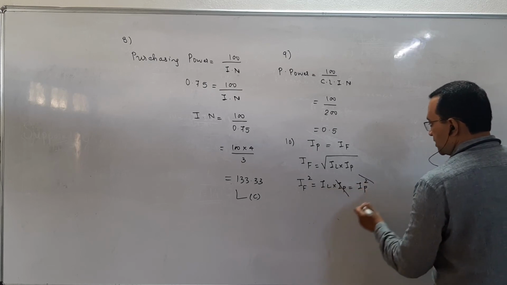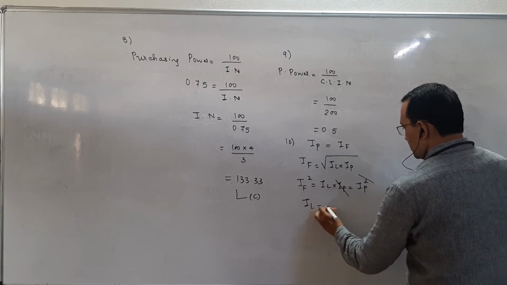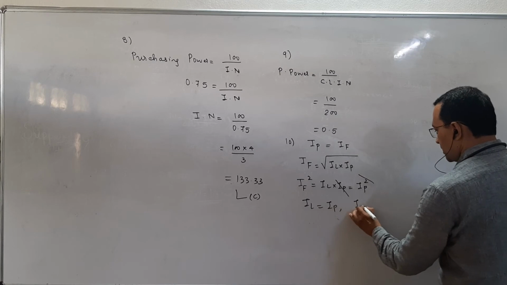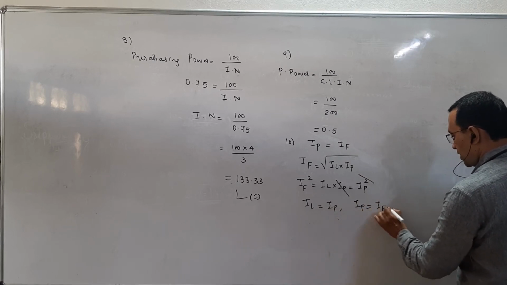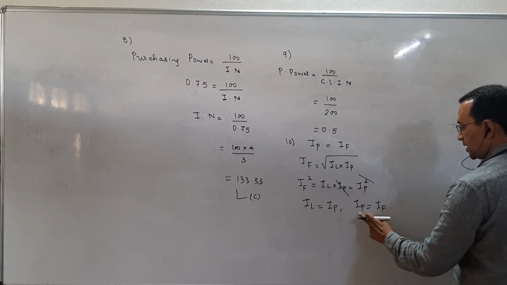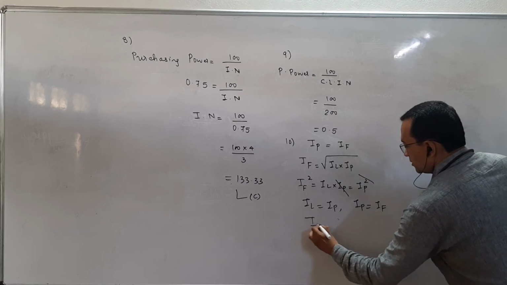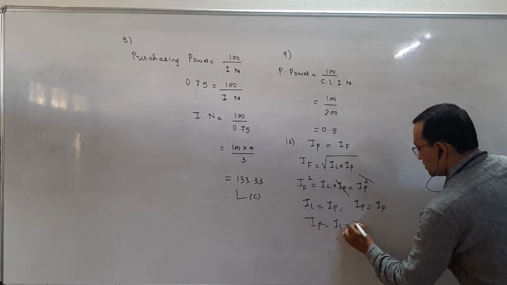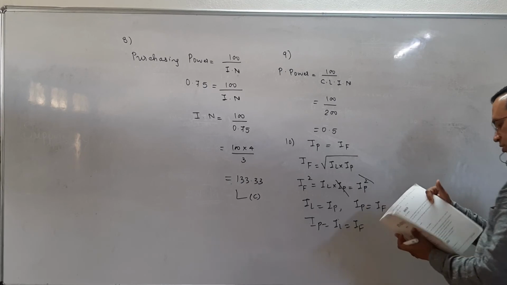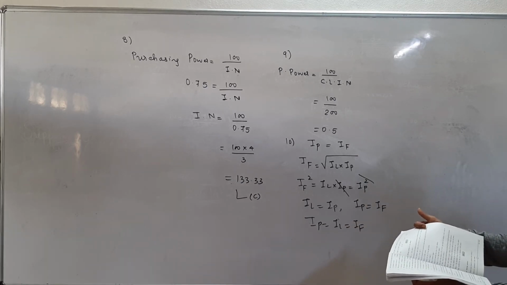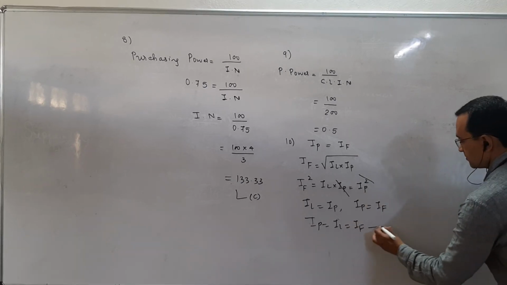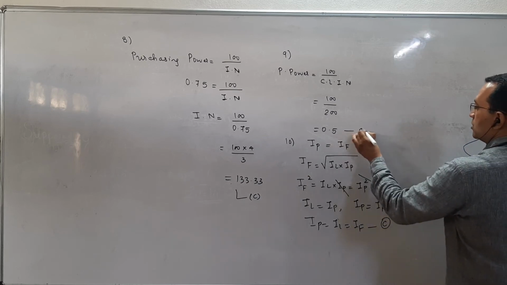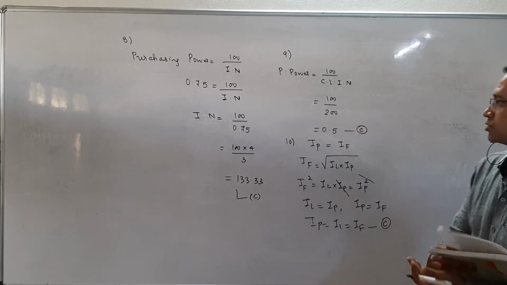So IP and IP get cancelled. So IL is equal to IP and IP is equal to IF. A is equal to B and B is equal to C, then A is equal to B is equal to C. So all three index numbers are equal. So the correct option is C. Here also the correct option, students, was C.